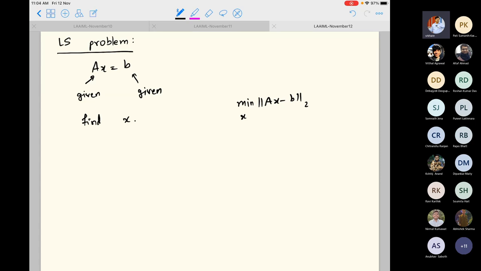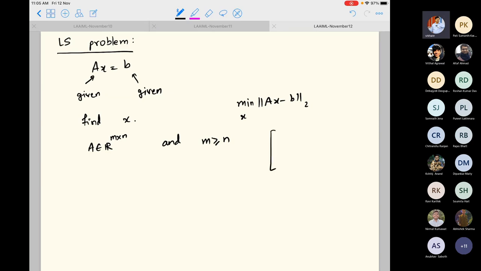Typically, what we had looked at in this least squares problem, the existence and uniqueness of the solution and so on, was all subject to the fact that A was a matrix of size m by n, and we had assumed that m is greater than or equal to n. So either you have a square matrix or a matrix which has more rows than columns, right?